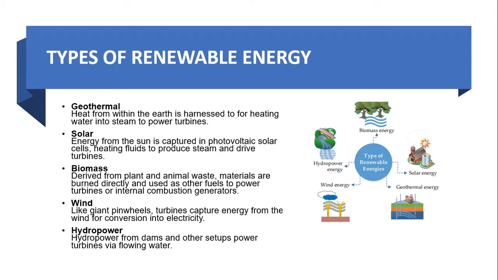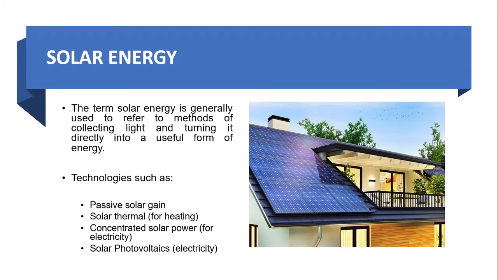Those giant pinwheels spin because of the wind forces, and turbines capture energy from the wind for conversion into electricity. And then the last one is hydropower. Hydropower is what we get from dams or any kind of huge water setup, powering turbines using the flowing water.